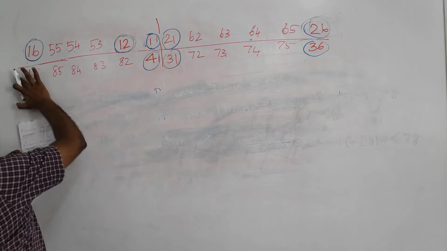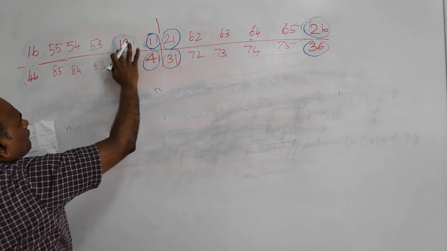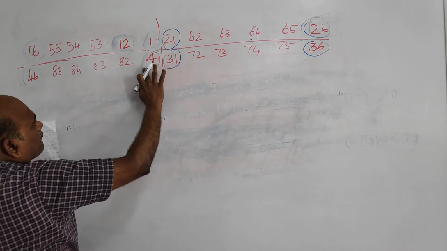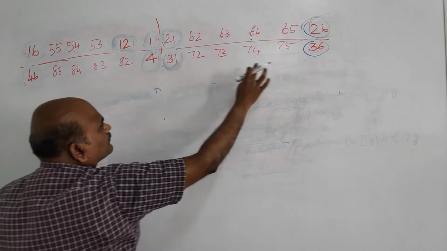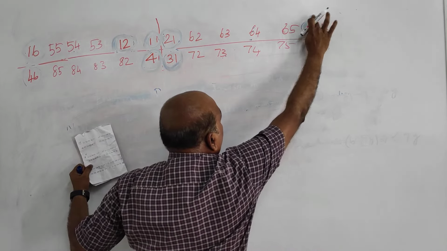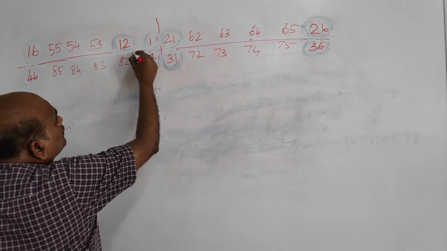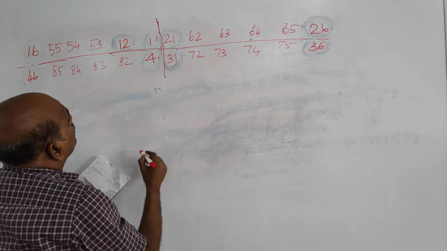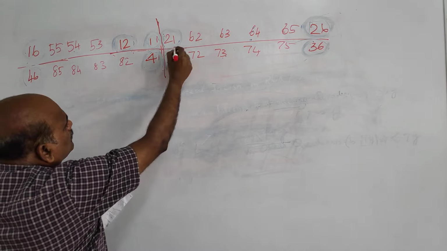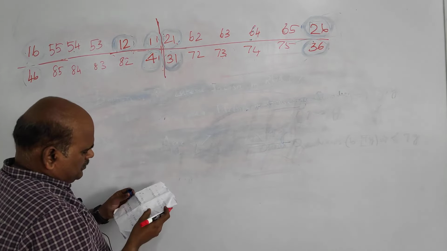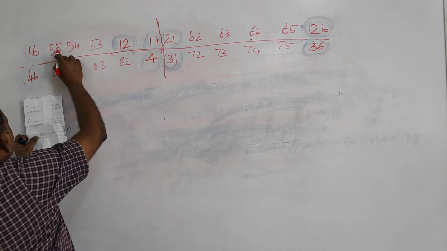Whereas here you have to add these things. Same 1 1, 1 2, 5 3, 5 4, 5 5, 1 6.